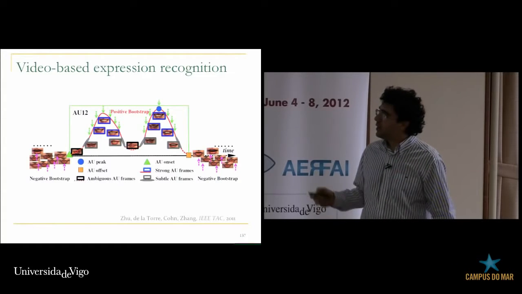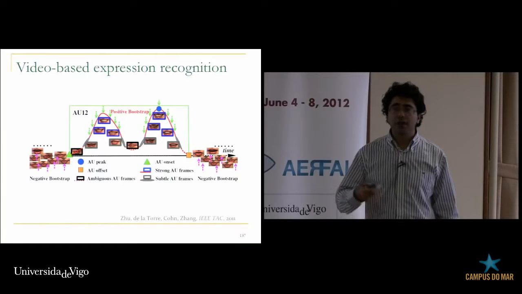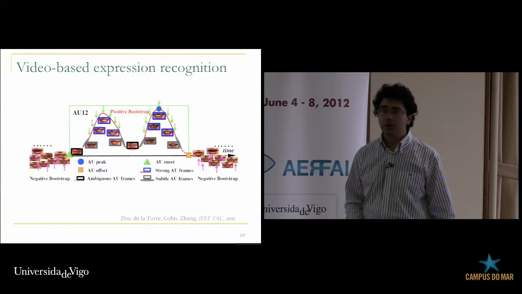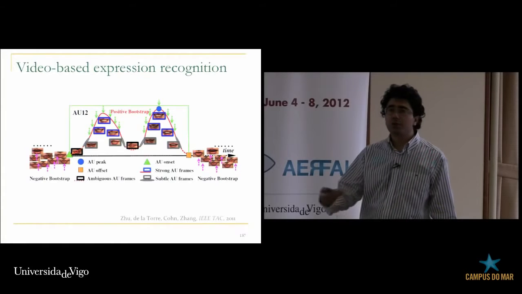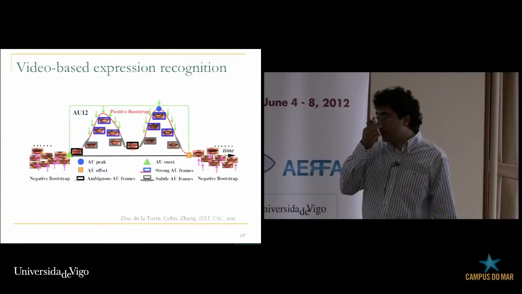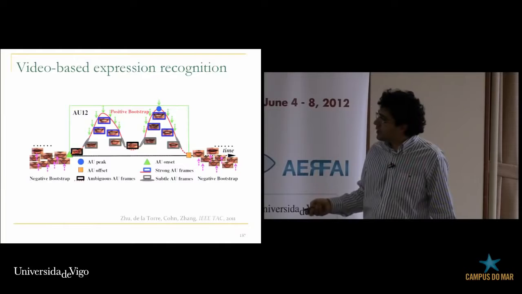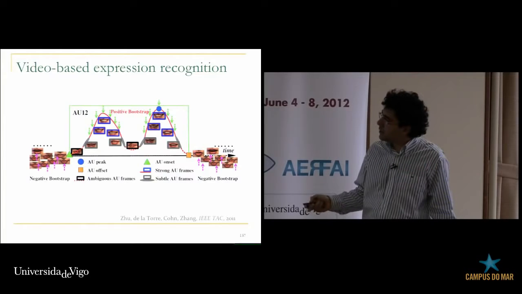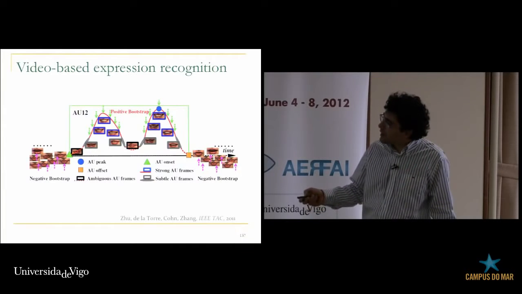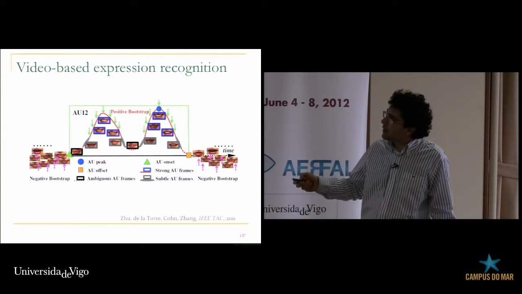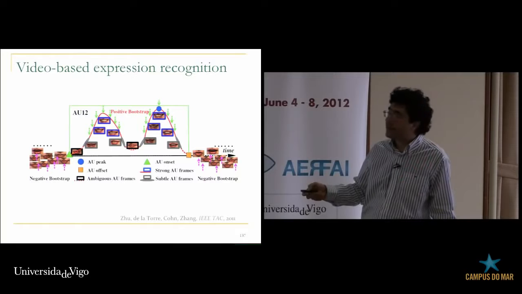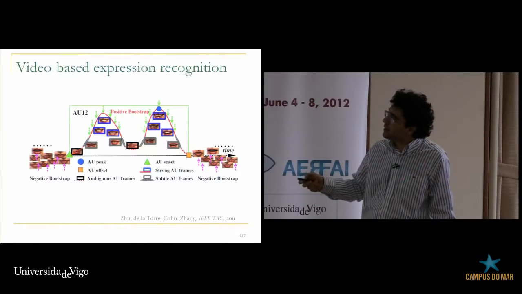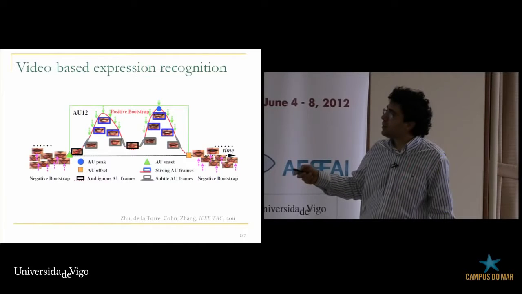When you have a video, and when you're going to train your models with the video, which frames are you going to select to serve as prototypes of your expression? So Zhu and his colleagues, including Fernando de la Torre and Jeffrey Cohn, looked at the temporal unfolding of an expression in their training set, and they selected very expressive frames as positive samples.